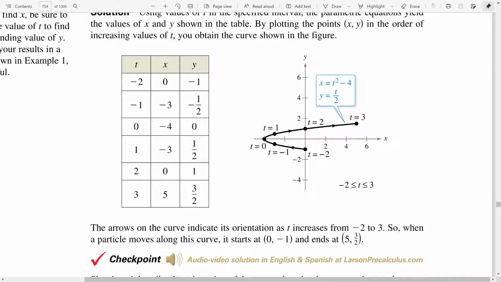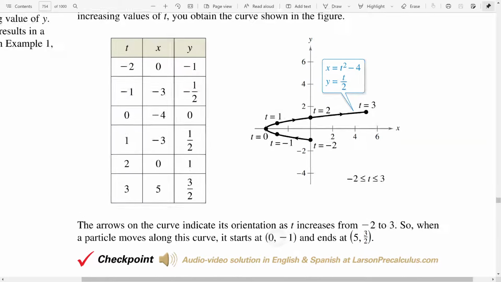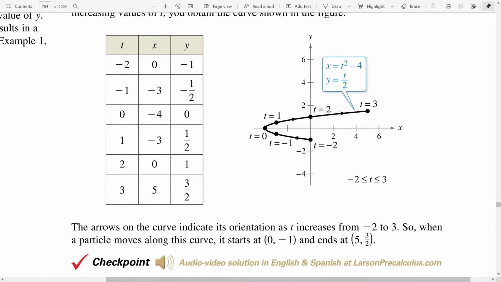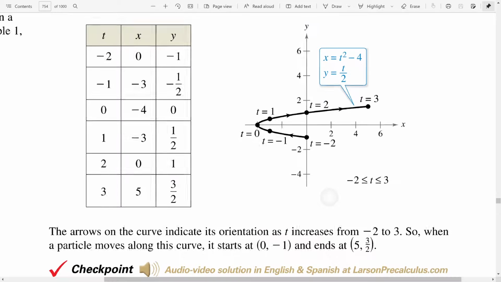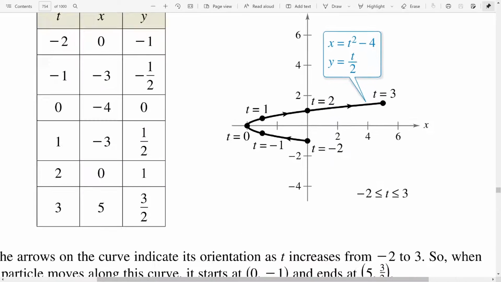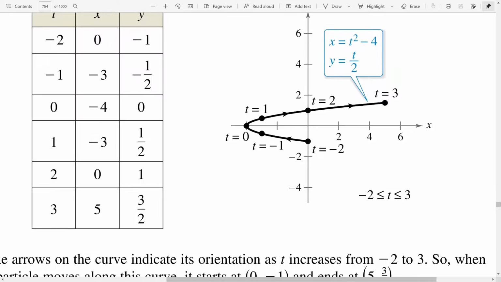The arrows on the curve indicate its orientation. As t increases from -2 to 3, a particle moving along this curve starts at the point (0, -1) and ends at the point (5, 3/2). So that's how we can tell in what direction the arrows would go. It's based on the smaller t value going to the larger t value.